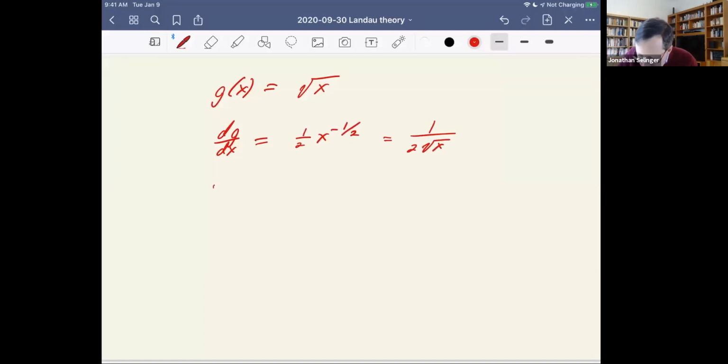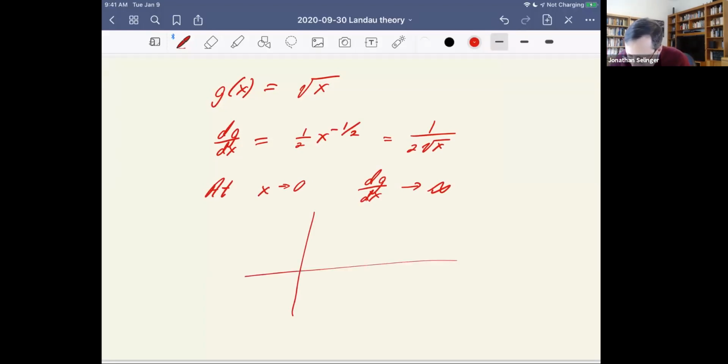So at x equals 0, dg/dx goes to infinity, right? And that's what spoils the smoothness. If you make the plot of g(x) versus x, it doesn't really turn downwards like that.